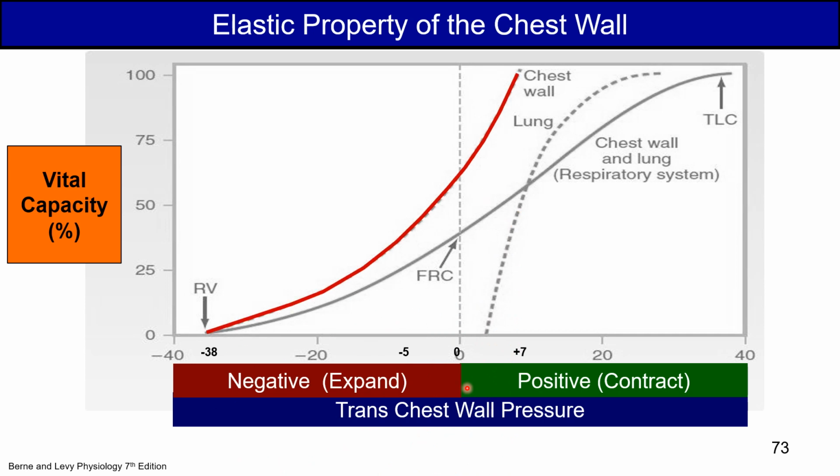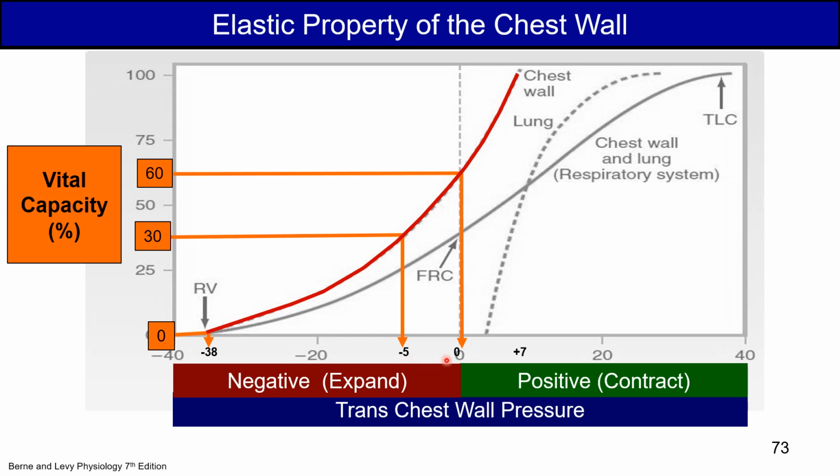Now, this is the elastic line of the chest wall. Let us determine now what is the trans chest wall pressure at 0% of the vital capacity. So it's negative 38. At 30%, it's negative 5. At 60%, it is 0.